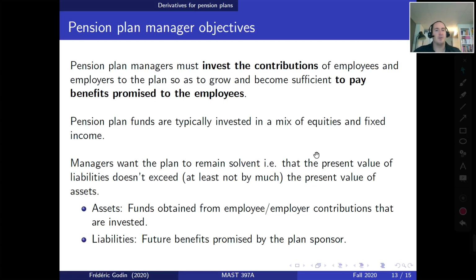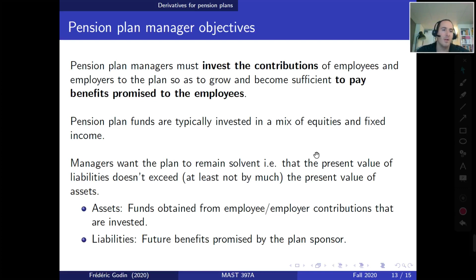Well, their managers take the contributions of either employees or employers, and they invest these contributions or assets to make them grow and become sufficient in the future to pay the benefits promised to the employees by the pension plans. Okay, so the pension plan funds or the assets of the pension plans are typically invested in a mix of assets such as equity and fixed income.